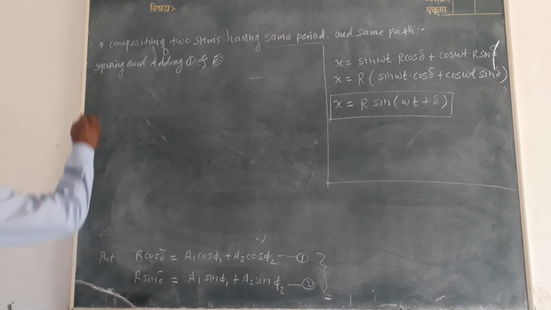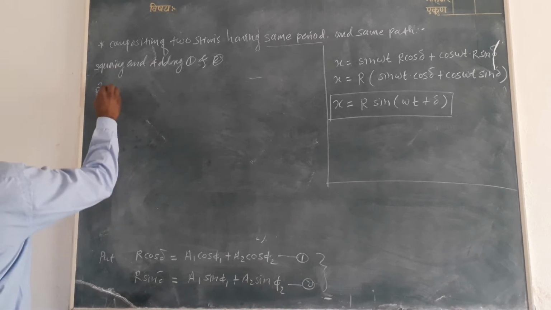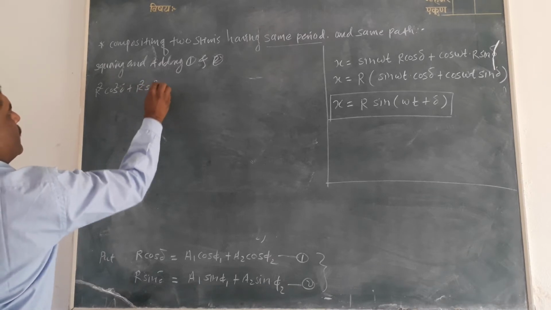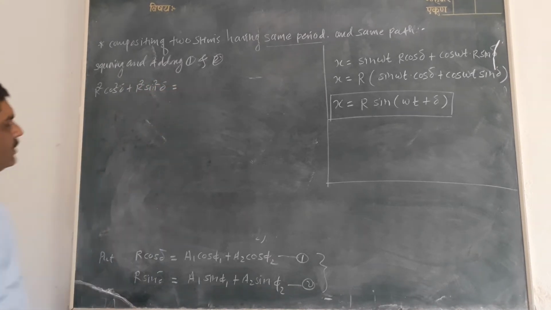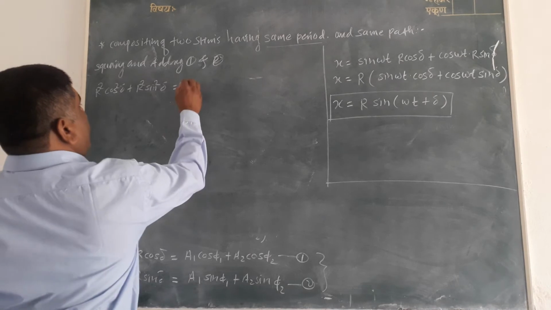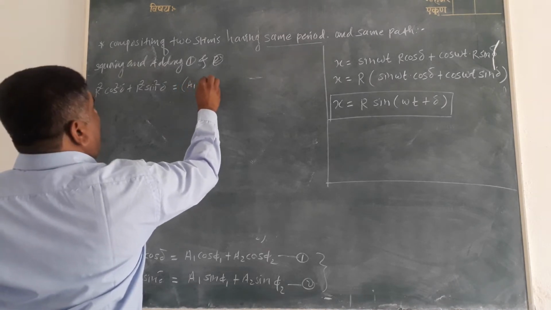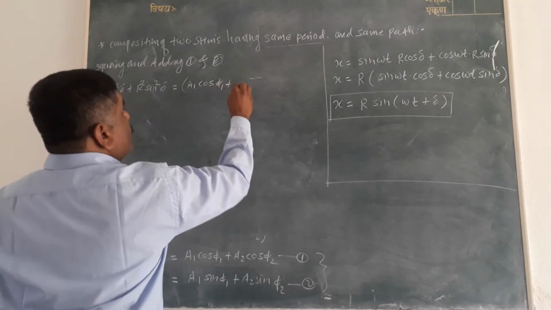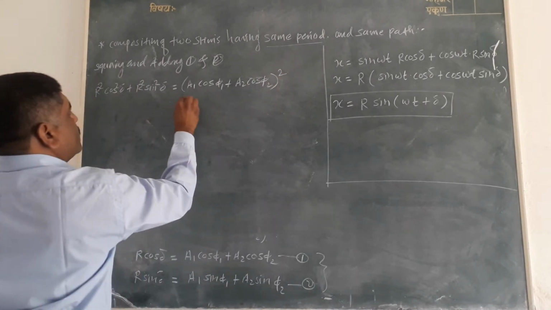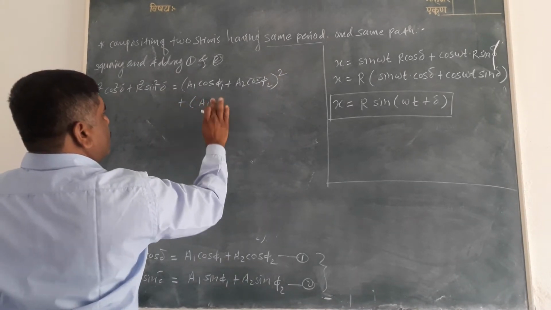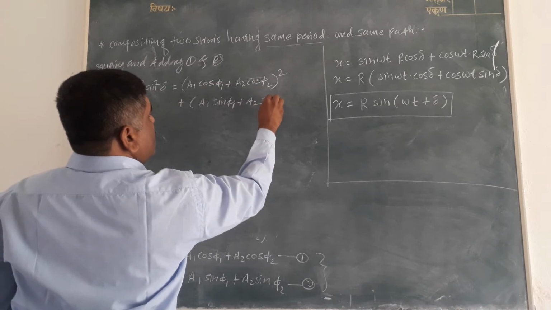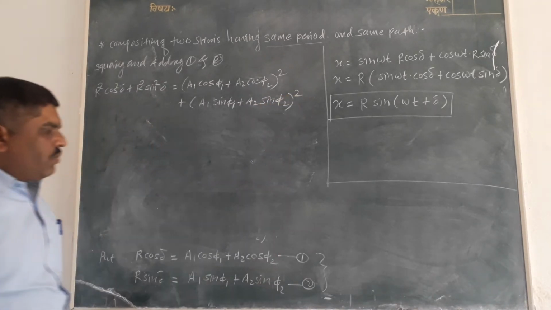This is the relation, that is r square cos square delta plus r square sin square delta, which is equal to bracket a1 cos alpha 1 plus a2 cos alpha 2 square plus bracket a1 sin alpha 1 plus a2 sin alpha 2 square.